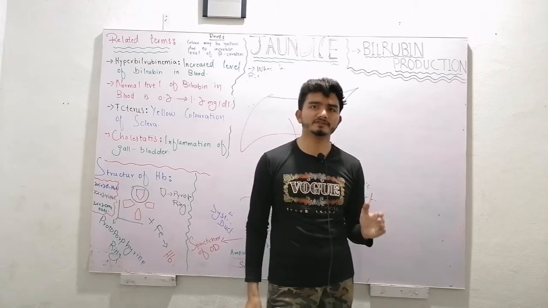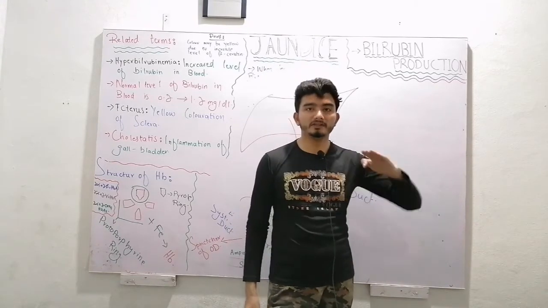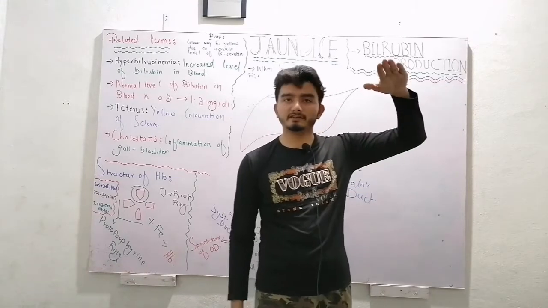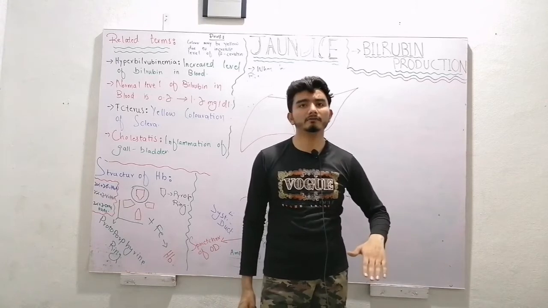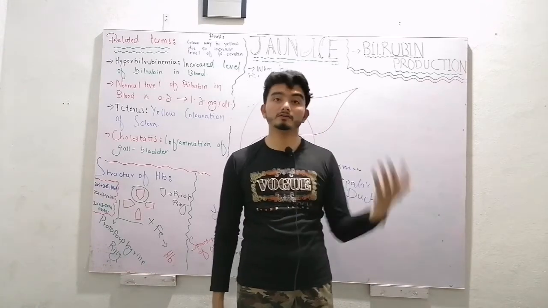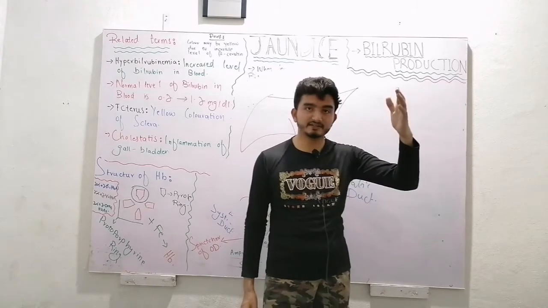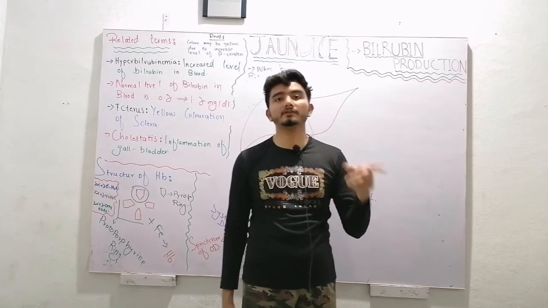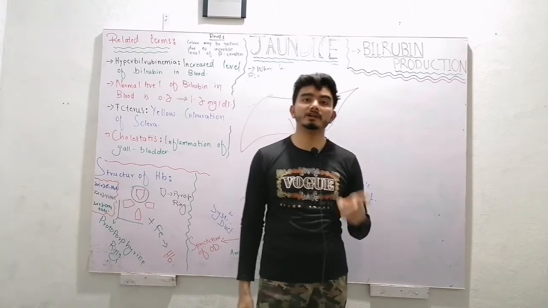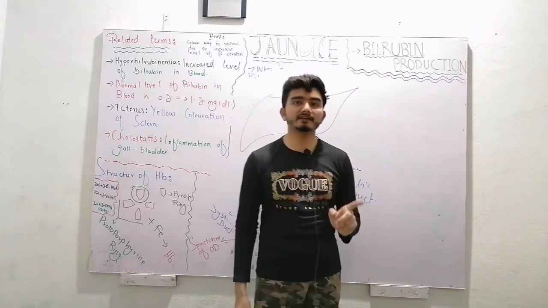Kernicterus is a condition in which the central nervous system becomes damaged. How is it damaged? When the level of bilirubin increases in the body, it will accumulate and enter the central nervous system, crossing the blood-brain barrier, and that will cause kernicterus.